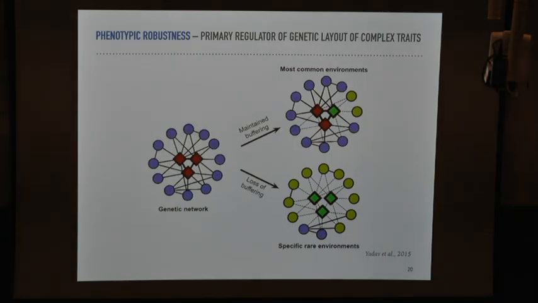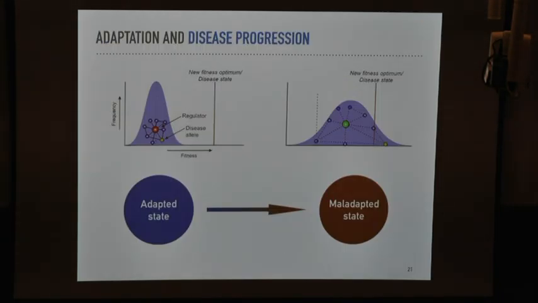to bring about an effect of loss of buffering. So this brings back the first slide, where in this buffered state a disease allele is present in the population. If the buffering of this network is lost, the population moves out of the adapted state.